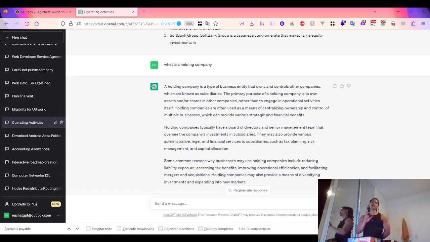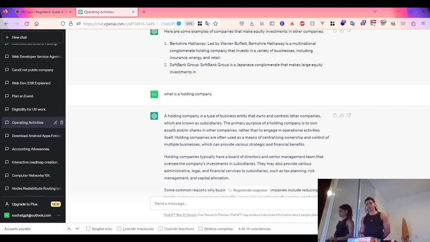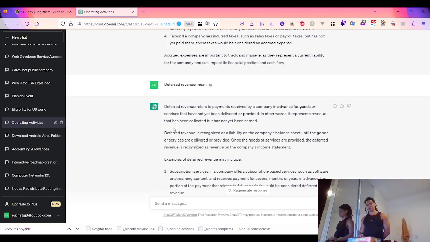And then I look at the recurring earnings, I think, or deferred earnings. In Spanish, this is ganancias diferidas.